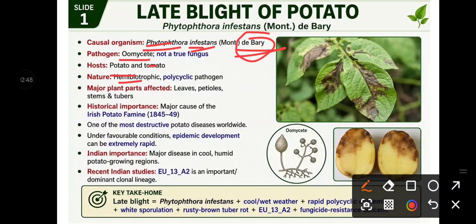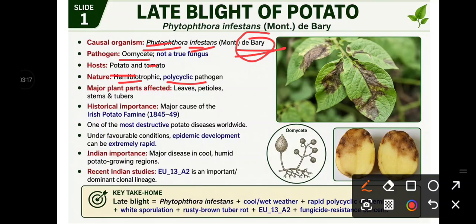Initially the pathogen behaves as a biotroph. It does not kill the infected cell, it just derives its nutrition from the living cell, and then after some time it kills the cells and acts as a necrotroph, deriving nutrition from the dead tissue. Phytophthora and Magnaporthe oryzae are hemibiotrophic pathogens.